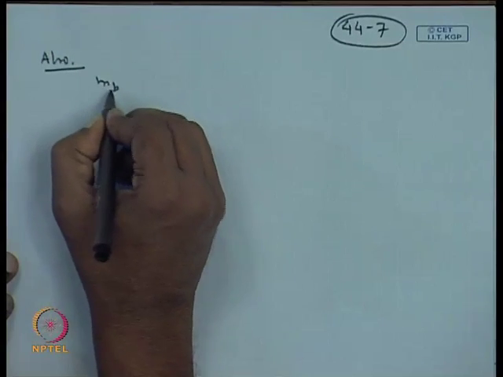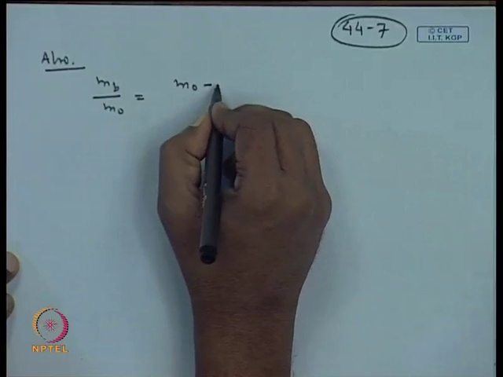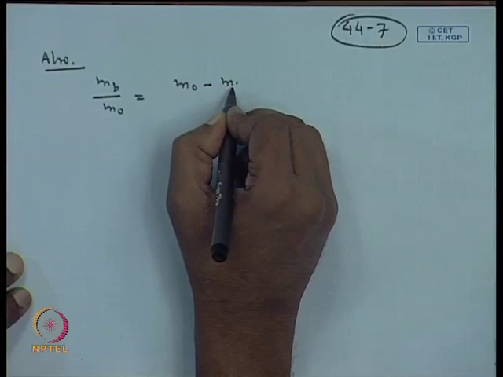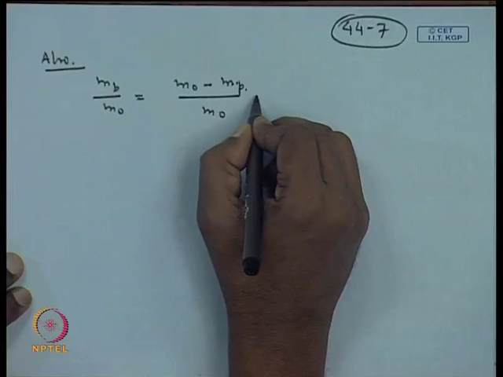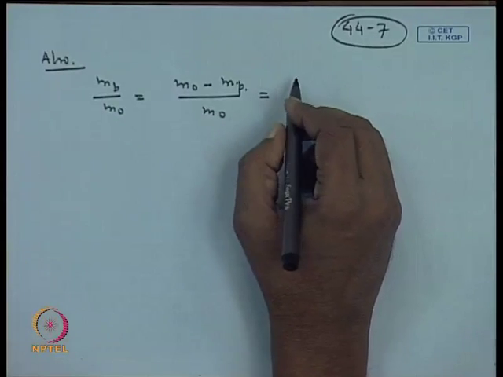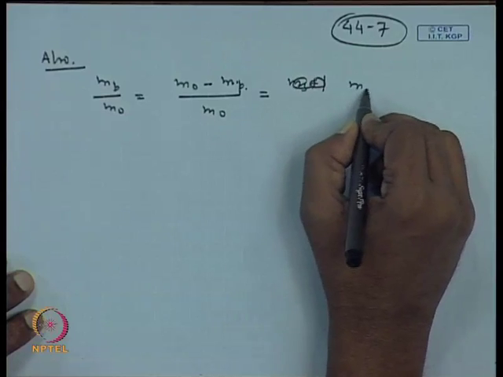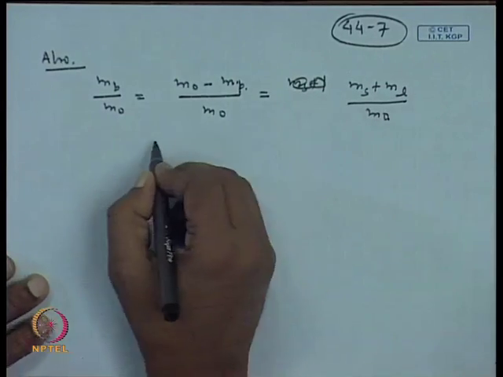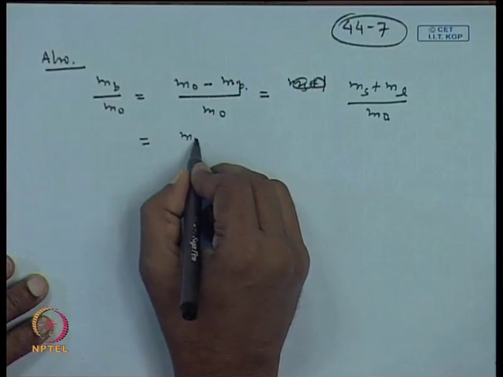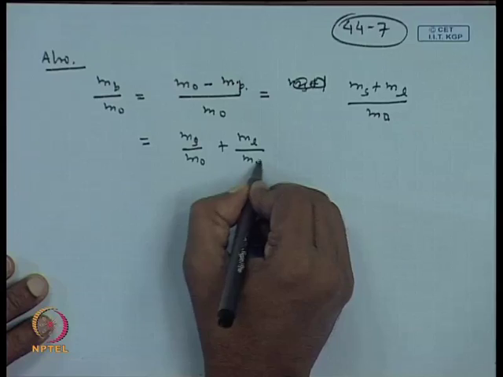Also, we can write m_b by m_0 is equal to m_s plus m payload divided by m_0, and this becomes m_s by m_0 plus m_L by m_0.